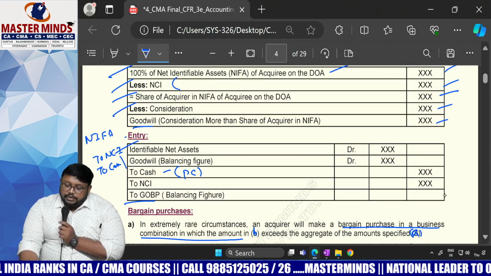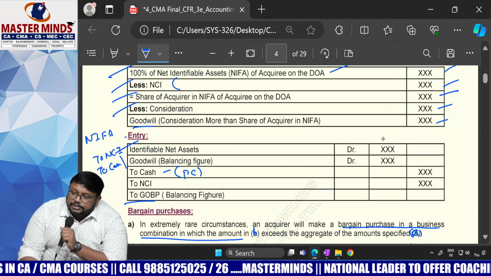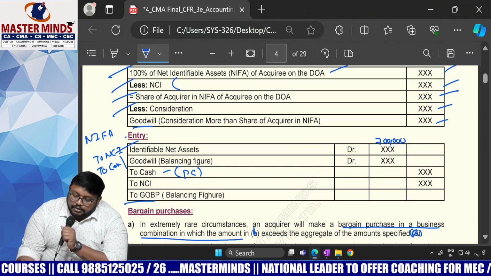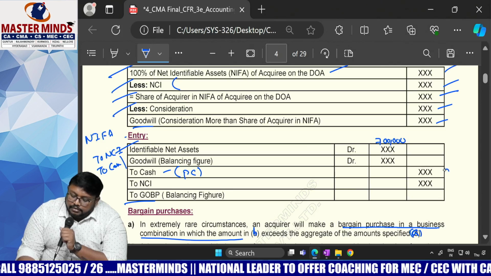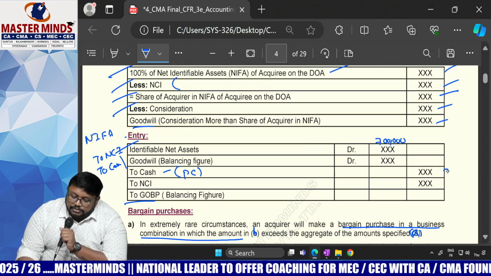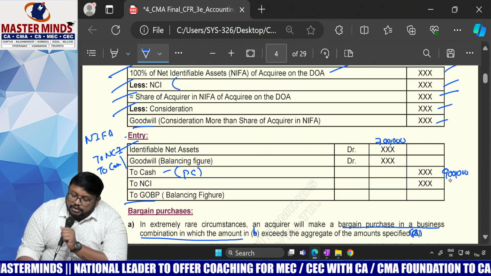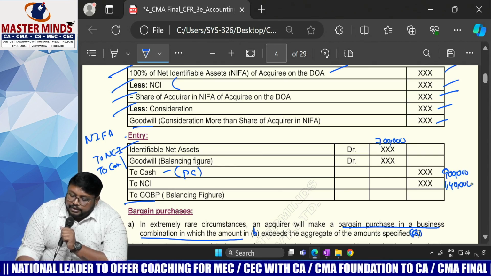Here, identifiable assets. How much are the net identifiable assets in this question? 7 lakhs. How much are we paying as purchase consideration? 9 lakhs. And non-controlling interest is 1,40,000.